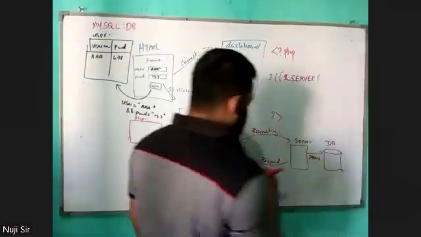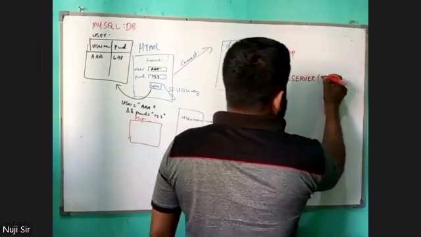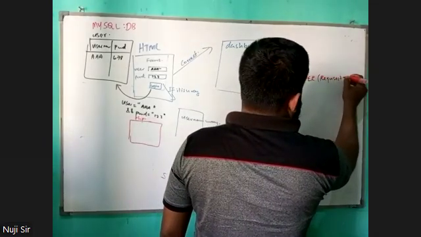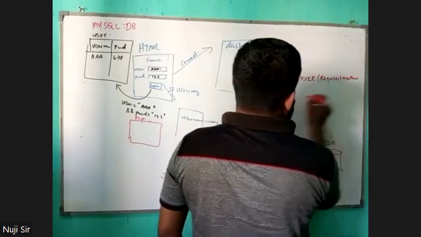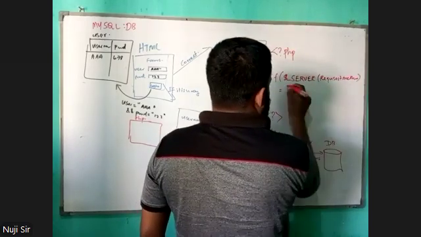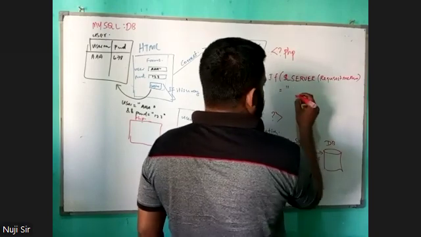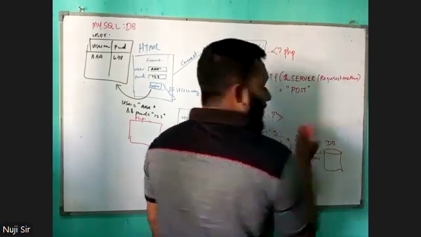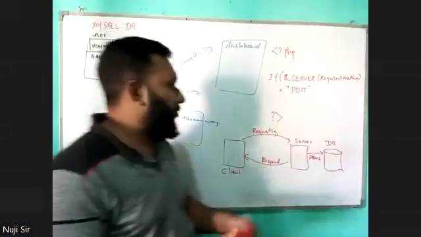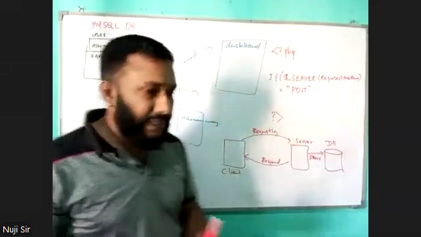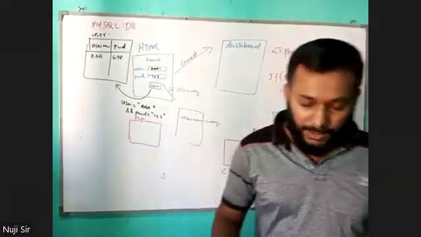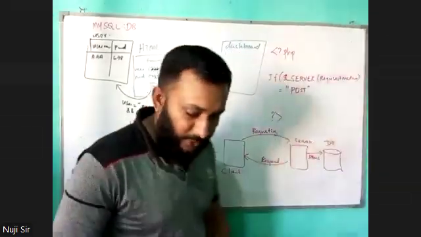Request method equals to... there are two types of request method. One of them is POST, another one is GET. My dear students, we will discuss one by one about the PHP question in 2022.